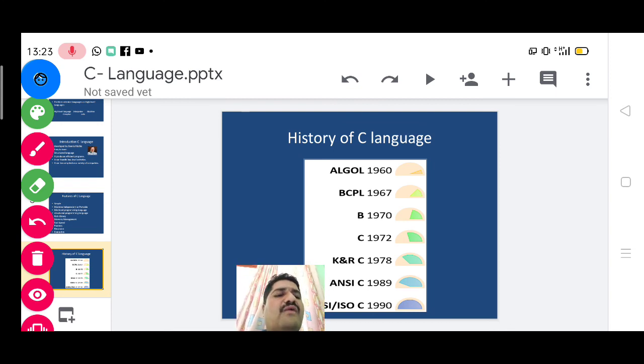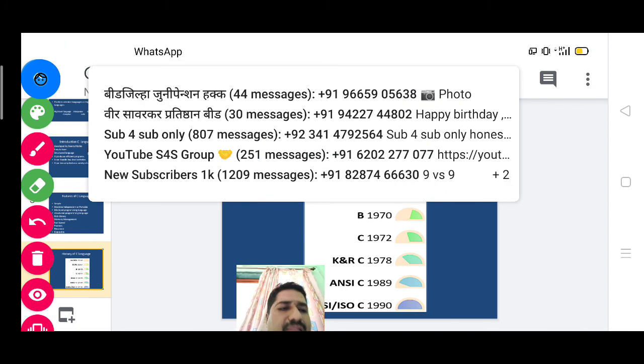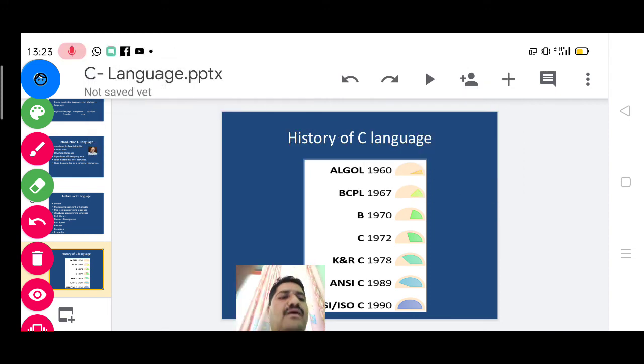Subsequently, several languages were announced. In 1967, Martin Richards developed a language called BCPL, the Basic Combined Programming Language, primarily for writing system software.